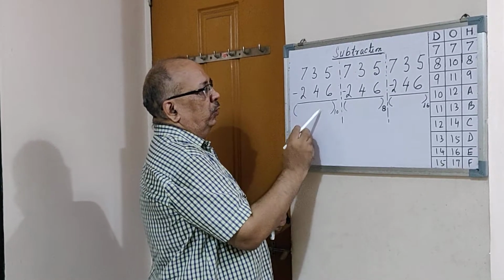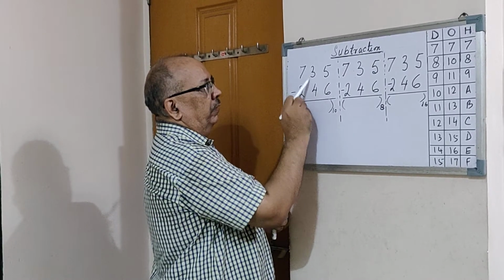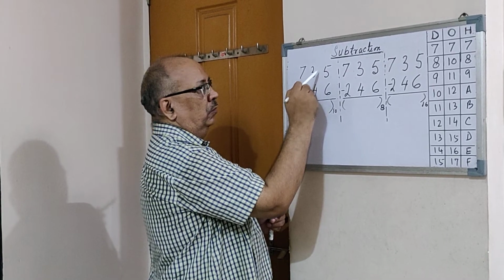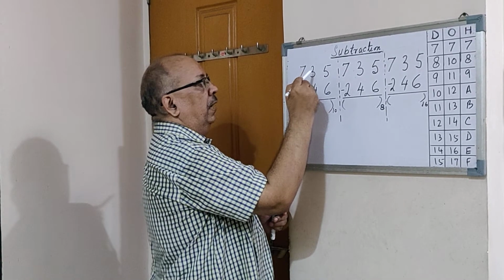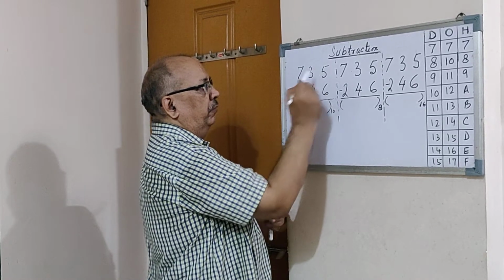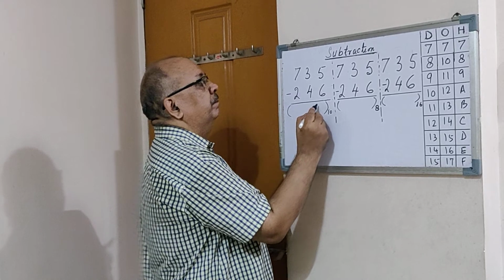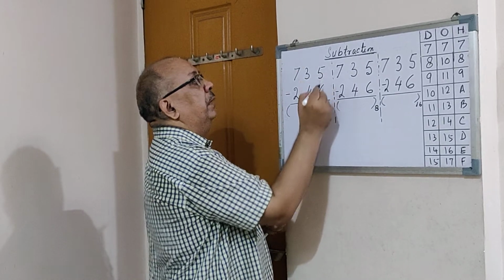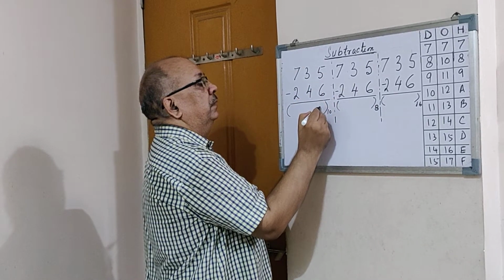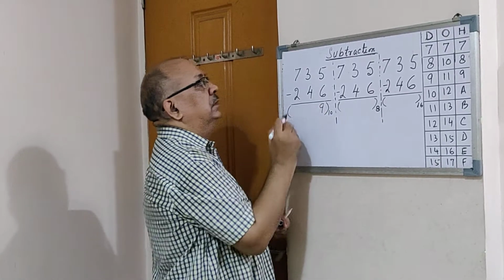Now in decimal, we know when 6 is to be subtracted from 5, and 6 being greater than 5, we will borrow from here. Then 5 plus 10 will become 15. 15 minus 6 will be nothing but 9.